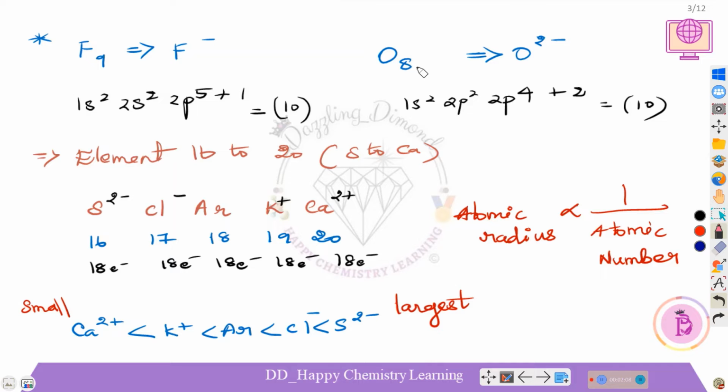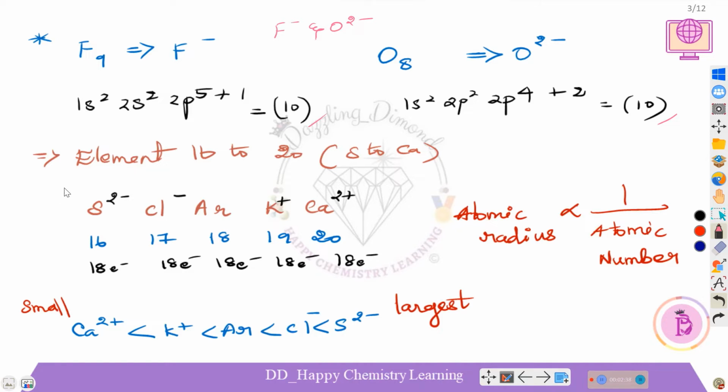Like that, for oxygen it is 1s2, 2s2, 2p4. So F- means you add 1 electron and O2- means you add 2 electrons. In total you get 10 electrons. So then only it is considered isoelectronic species, right? So F- and O2- are isoelectronic species.